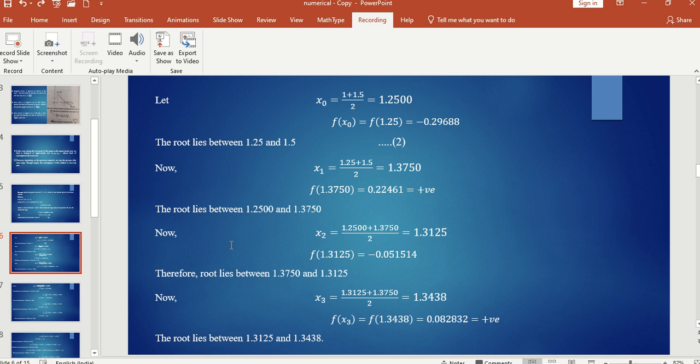So we see that x0 is 1.25 and x1 is 1.25 plus 1.5 divided by 2, since f of 1.25 is negative.